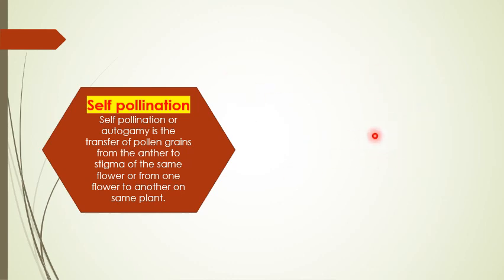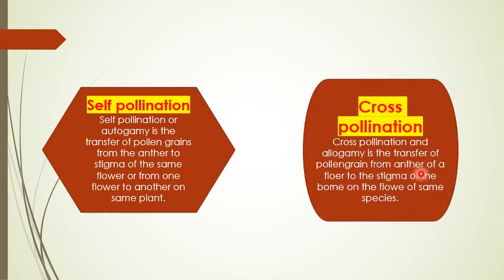The same procedure is applied, transferring pollen grain from anther to stigma, but in cross-pollination it occurs between two different plants.